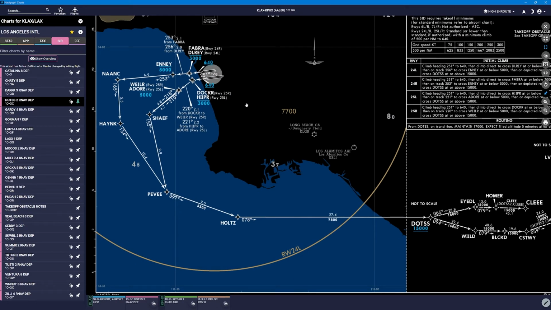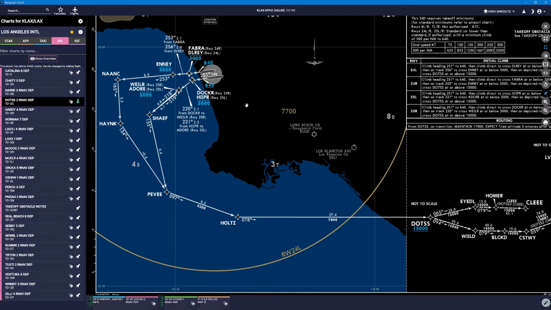And quite often, the air traffic controller will tell you in your instructions when you file for IFR clearance, they will tell you to climb via the SID except maintain 5,000.